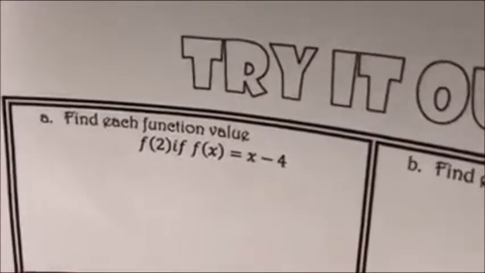On page 87, you're going to glue in the try it out page for letter A, find each function value. Page 88, you're going to leave blank.